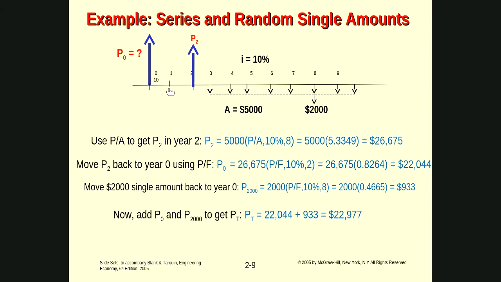If this annual started from year 1, then you can say it is P given A for 10 years at 10%, and then you can find it immediately at year 0. But since it starts at year 3, you have to find it first at year 2, and when you find it at year 2, it will be a single value. You deal with it as you dealt with the 2000.